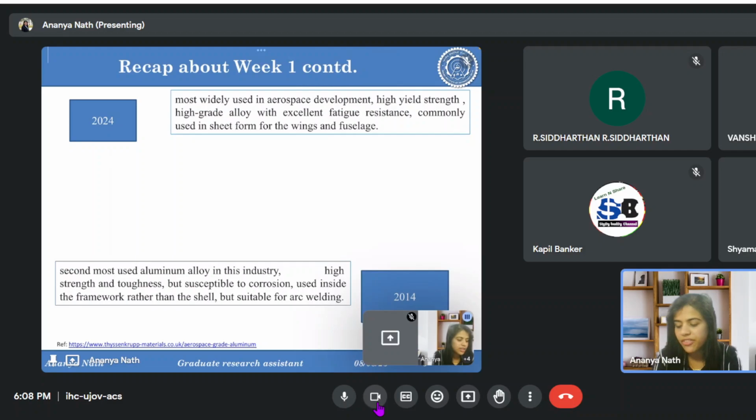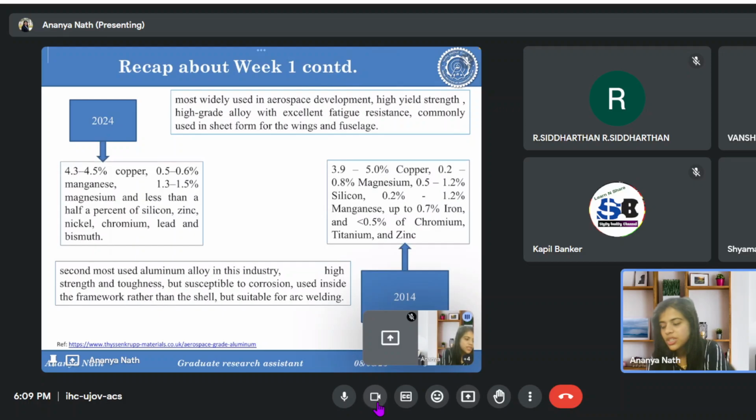High strength and toughness are its properties, but it is more susceptible to corrosion. Because of this low corrosion resistance, it is used inside the framework rather than the shell, but it is also suitable for arc welding.